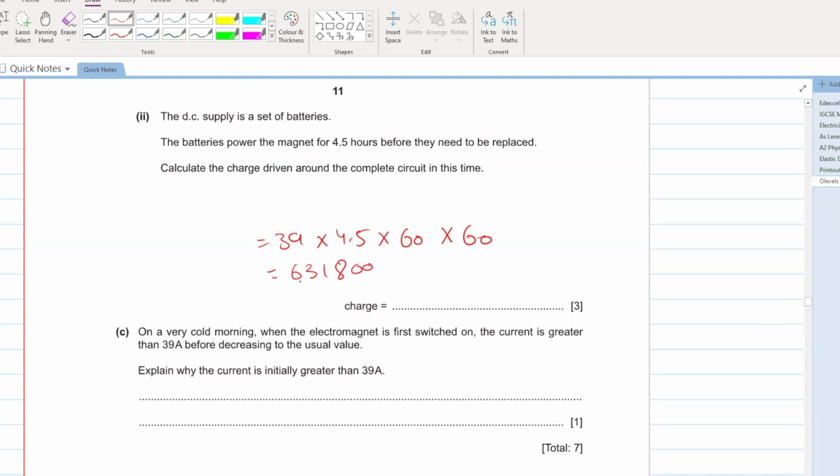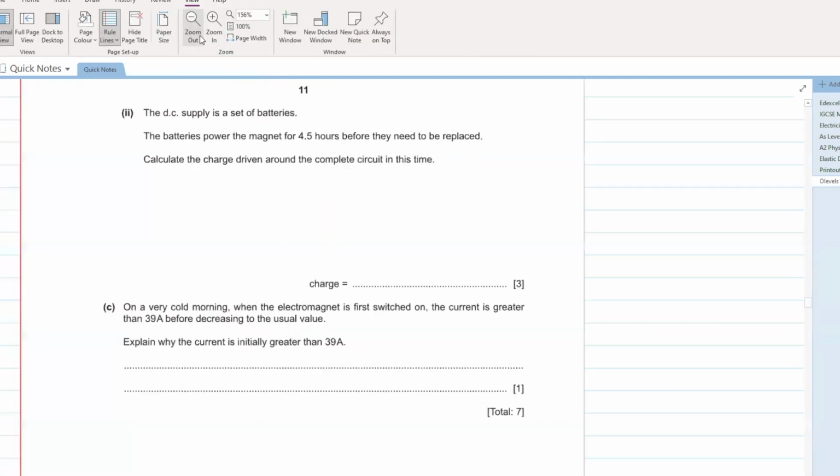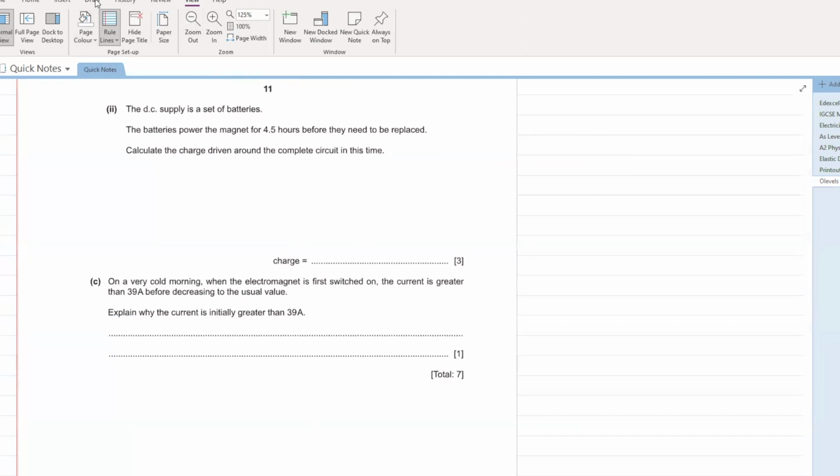Obviously you can turn it into three significant figures or two significant figures. One second, why is this disappearing? Let me do it here.